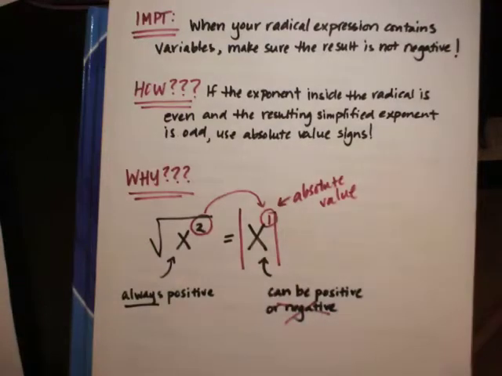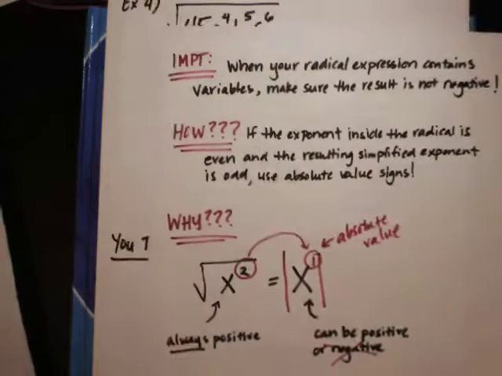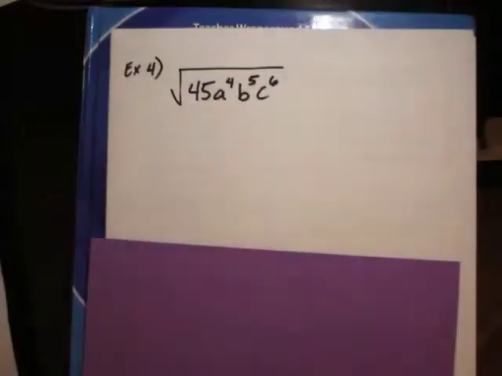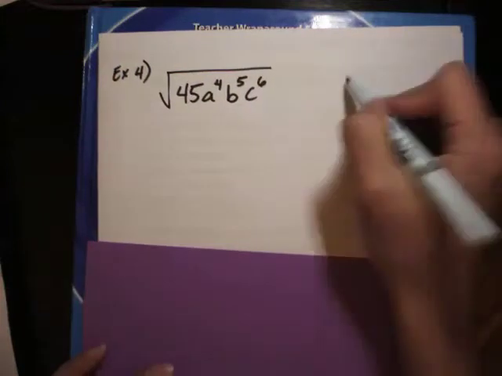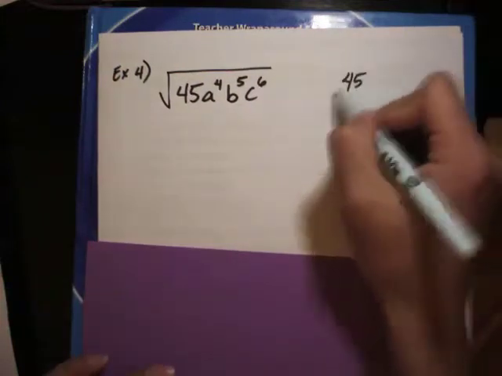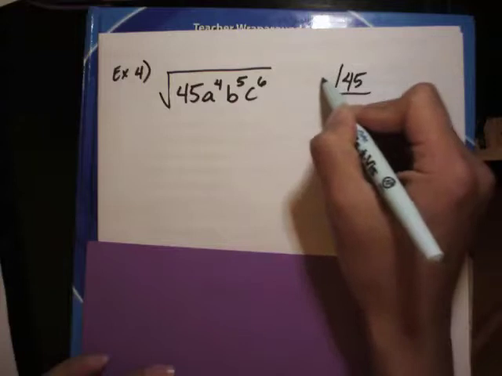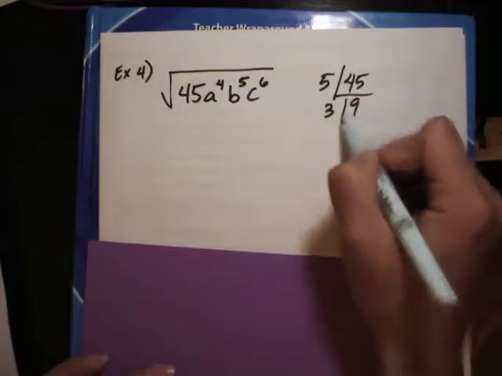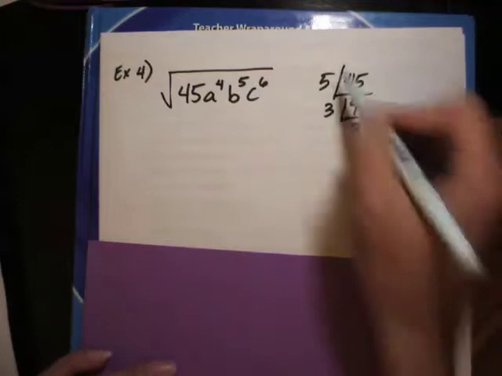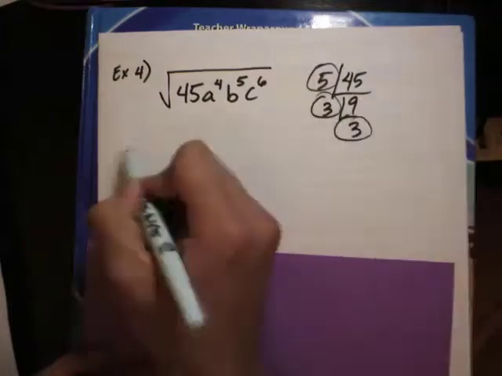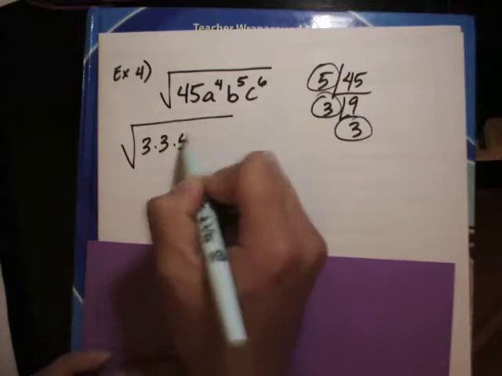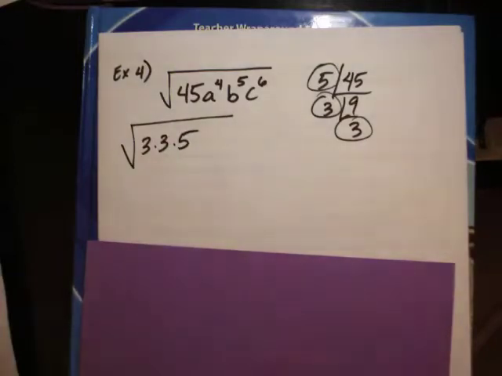All right, so let's use that to do this one example. 45, I'm just going to take a look at the coefficient first. 45 is, let's see, 5 times 9, and 9 is composed of 3 times 3. So 5 times 3 times 3. I'm going to first set that up, and I'm going to put the pairs together, because I know I'm going to be using that to simplify.